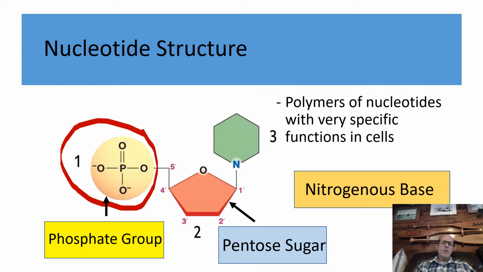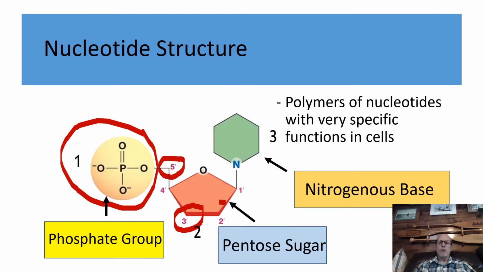The carbons on that sugar are labeled as 1', 2', 3', 4', and 5'. In this study, we will focus mainly on the 3' carbon and the 5' carbon in the deoxyribose sugar.